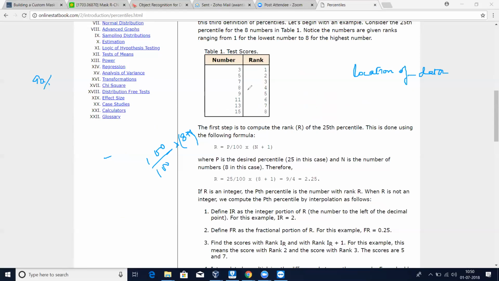Yeah, that's what it becomes, I guess. I remember it was one thing more than that actually. So if you say 50, it becomes 1 by 2 into 9, that is 4.5. Somewhere around here would be the 50 percentile.